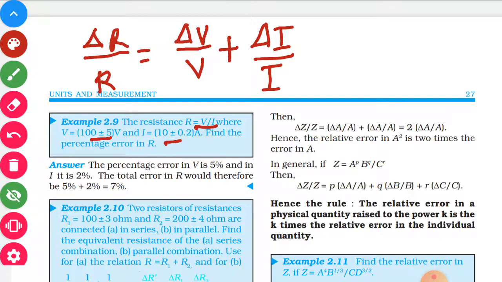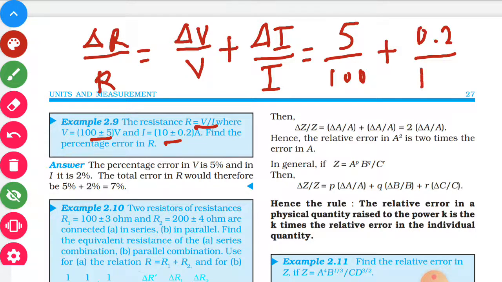Okay. Now see, delta V upon V we want to calculate, so it becomes 5 upon 100 plus the other one is 0.2 upon 10.